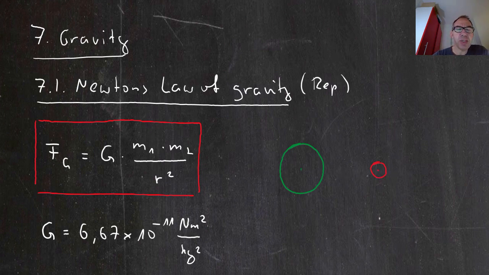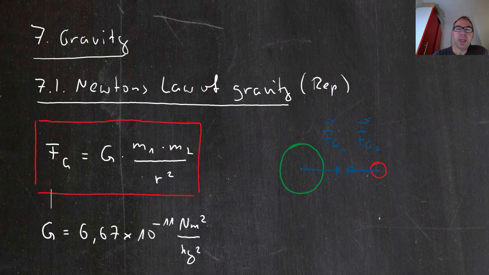Any two objects having a mass will attract. So the forces here are always attracting. We have a force towards this side, which is gravitational force 1, and we have a force on the other object, Fg2.